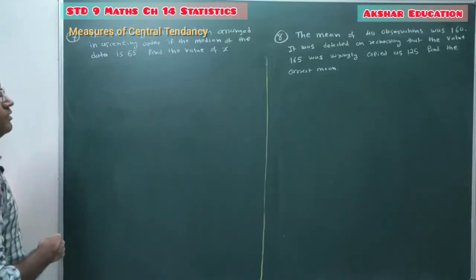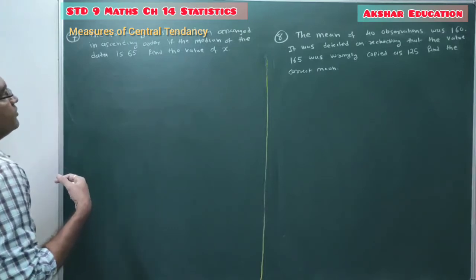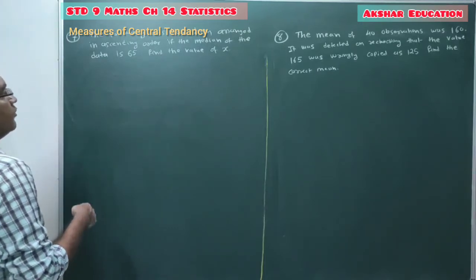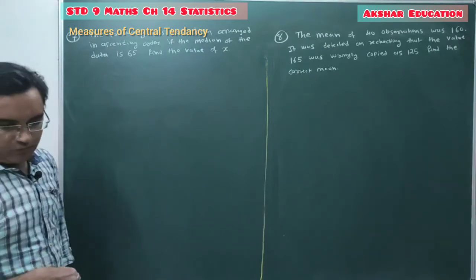Consider question number 7, and sorry for that blurred video. The following observations have been arranged in ascending order. If the median of the data is 65, find the value of x.